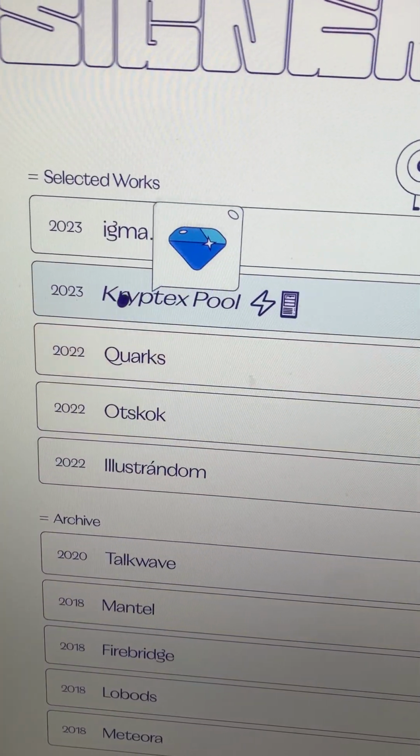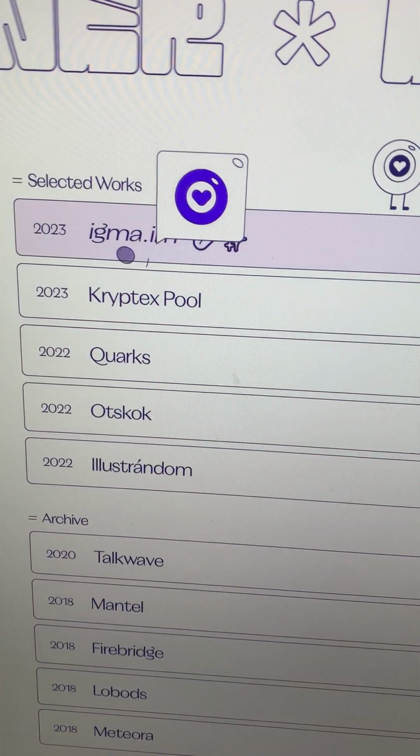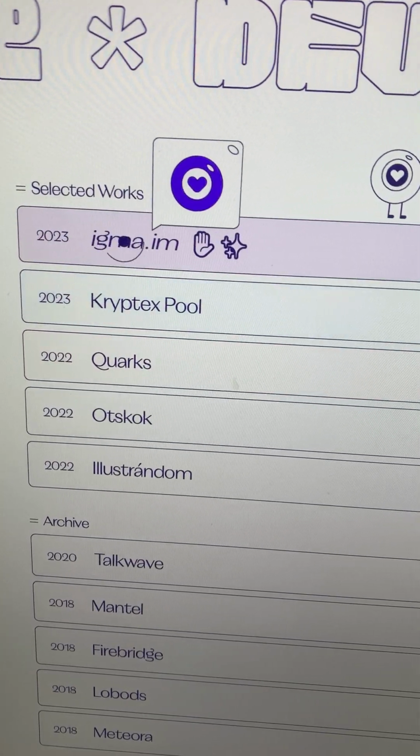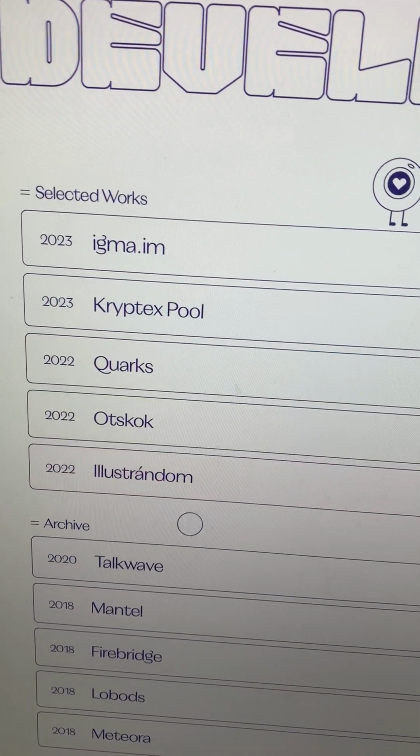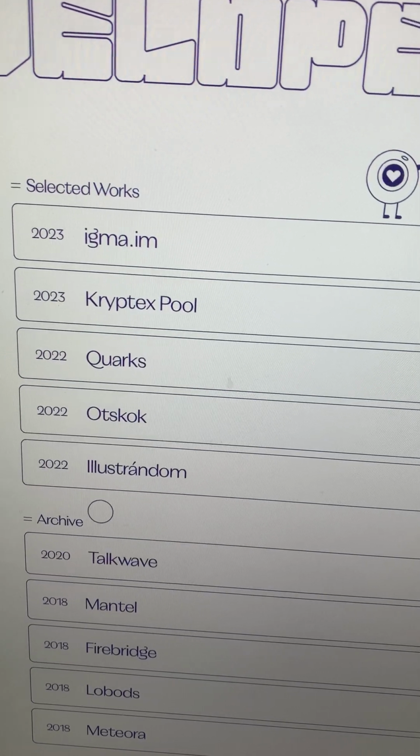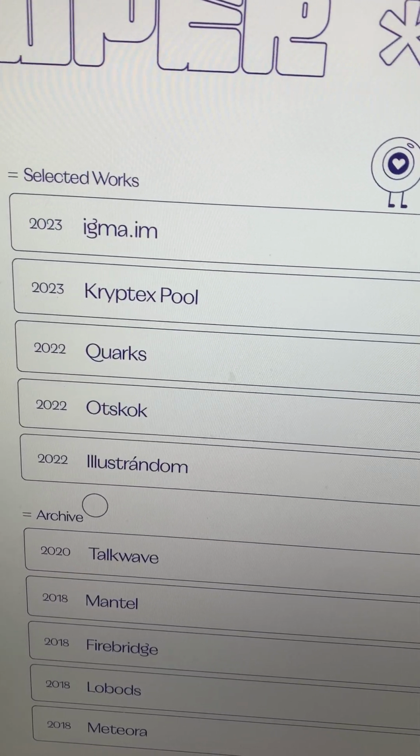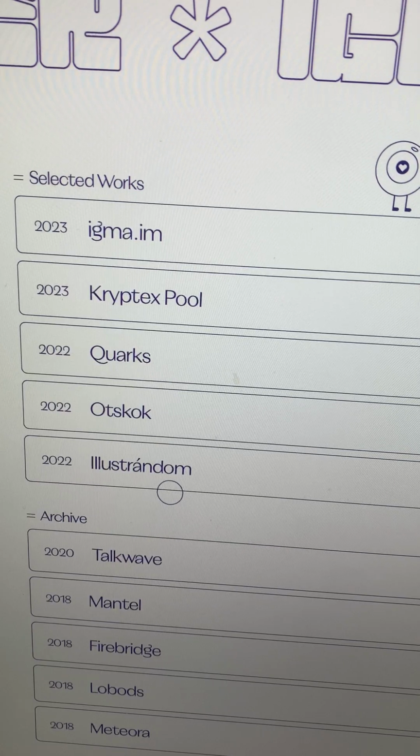Basically, if this portfolio was my portfolio, I would put an image and then a title of what I'm about to see, a description of what I'm about to see, and basically who I work with.